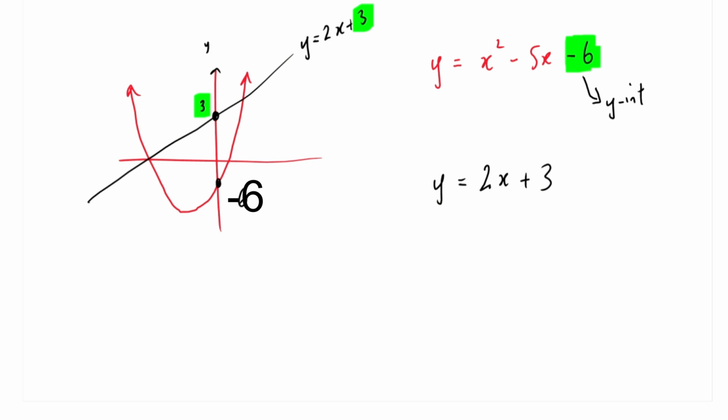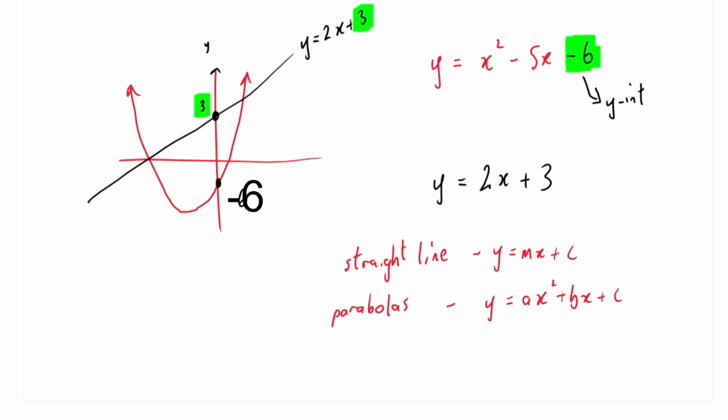And this is true for straight line equations, so that's y is equal to mx plus c. And it's also true for parabolas, ax squared plus bx plus c. And it's also true for cubic functions, which you will cover in the next term. So the c value, or that value at the end, that's your y-intercept.